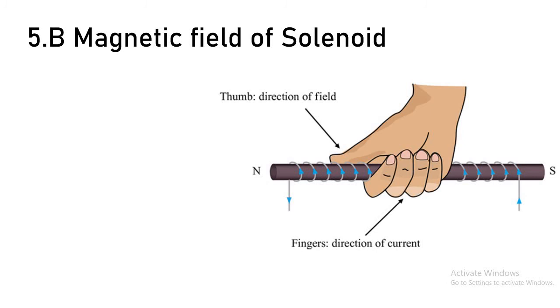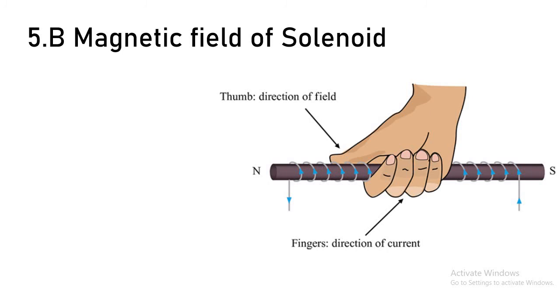Okay, so if I am pointing my thumb towards the N pole, then the remaining 4 fingers are curved in the upward direction. So this upward direction of fingers gives me the direction of current, that every turn of the coil is carrying the current in the upward direction. So now what we found, here we found the direction of current from the direction of field.